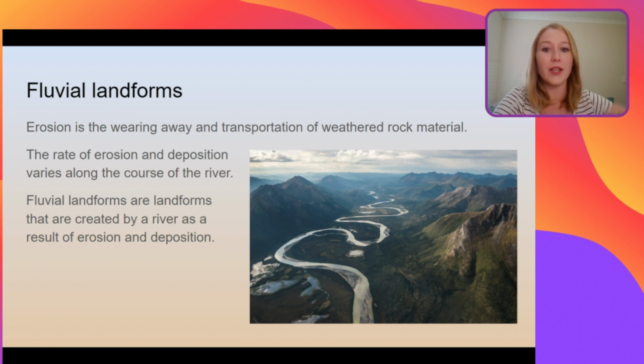Erosion is when it's carried. So that's why we say it's eroding the weathered material. So it's carrying the broken material. So erosion is when you transport the weathered material, and if the river slows down, it will deposit that material.